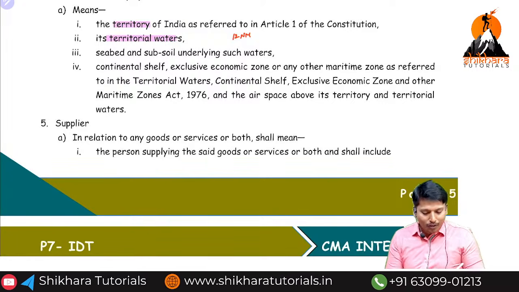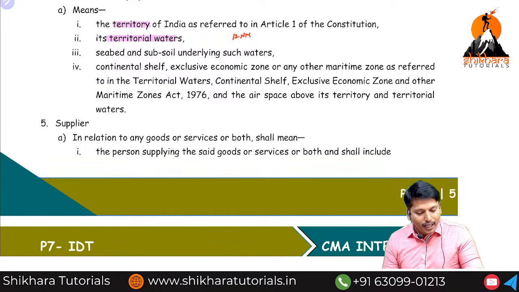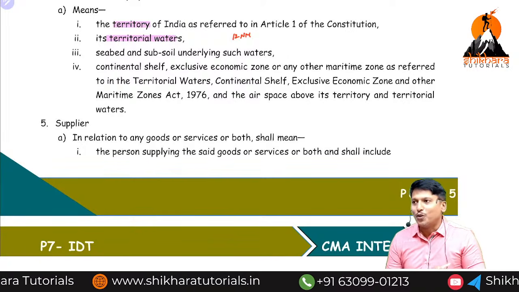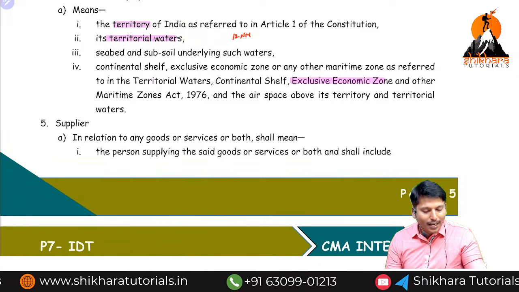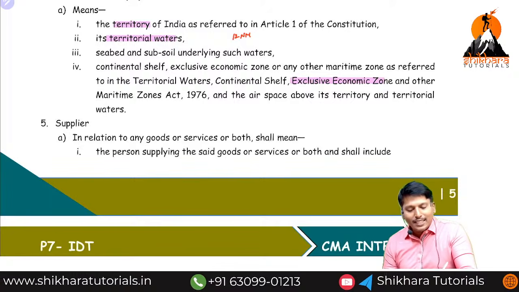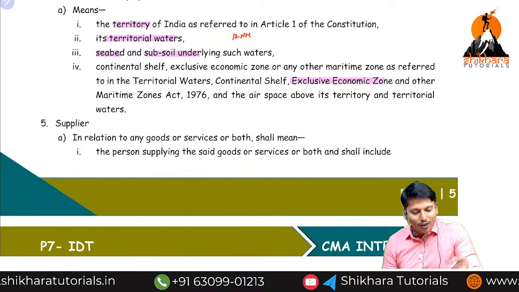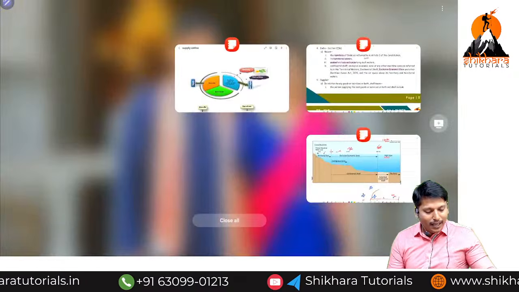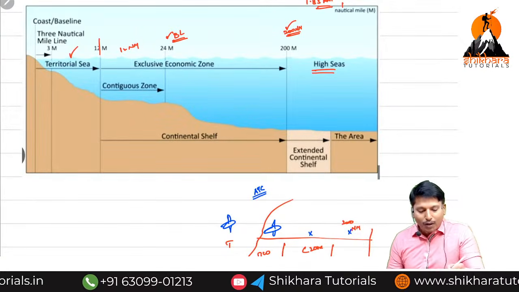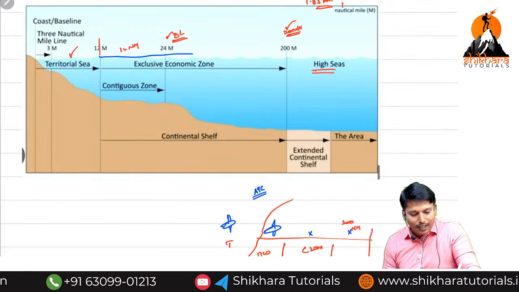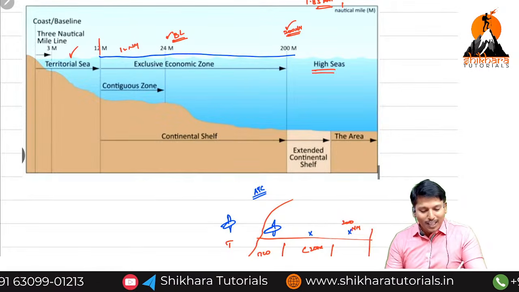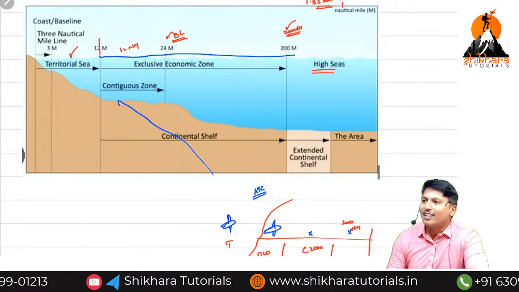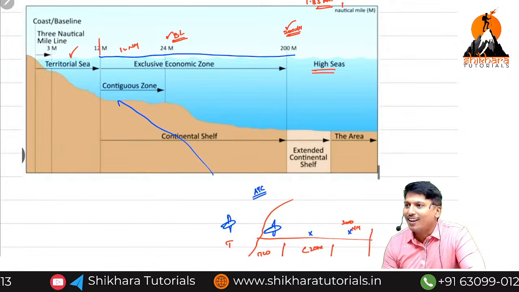Now, 24 nautical miles is the contiguous zone. 200 nautical miles is the exclusive economic zone. So what is seabed and subsoil? Seabed is the place under the water on which ships move. Subsoil is the soil under the water in the ocean.